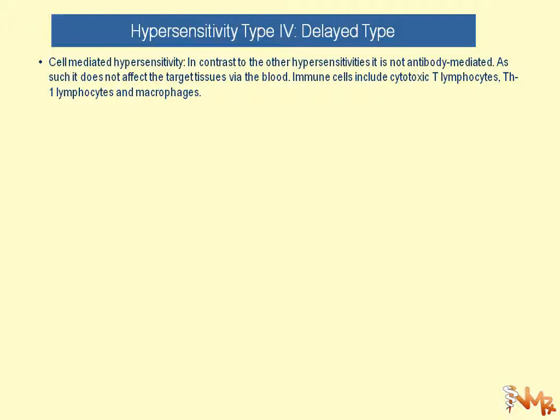Immune cells include cytotoxic T lymphocytes, T helper 1 lymphocytes, and macrophages. Delayed type hypersensitivity takes longer to get initiated, and you can compare it with the antibody-mediated hypersensitivities, the other three kinds, that usually take hours to days to manifest.